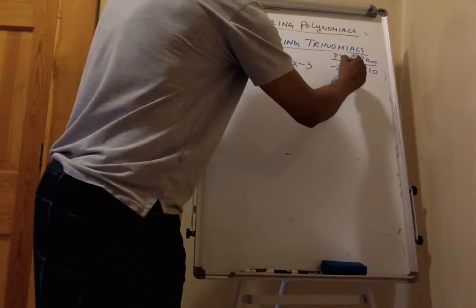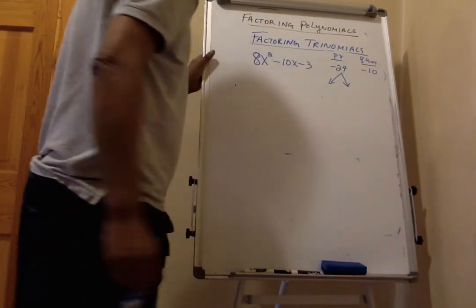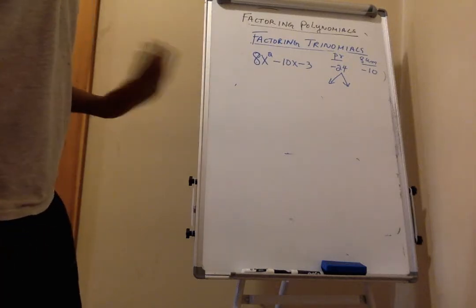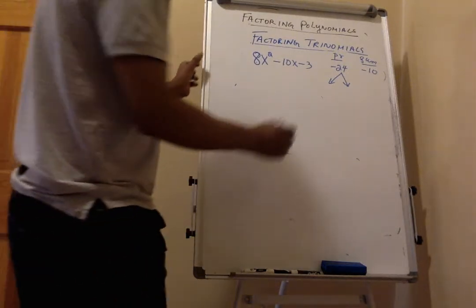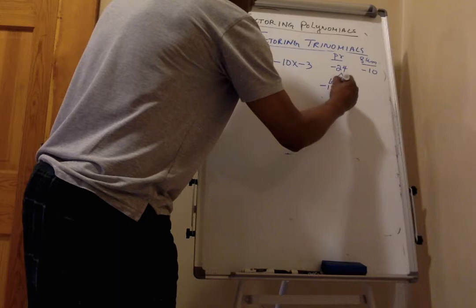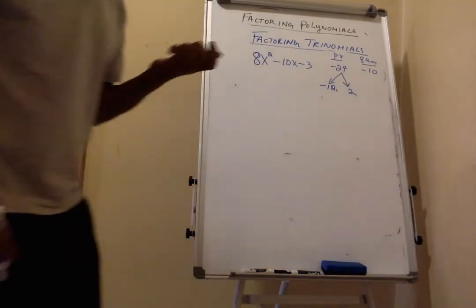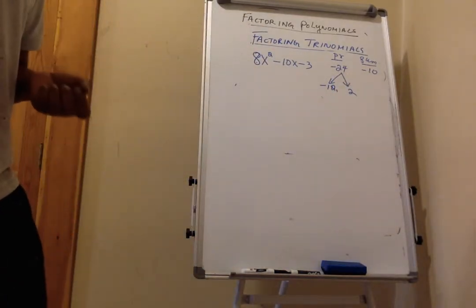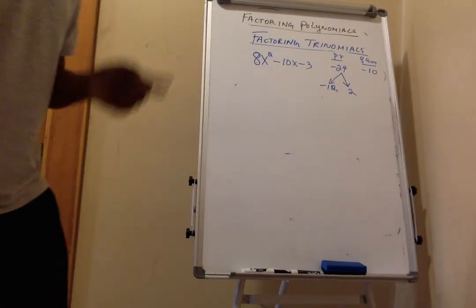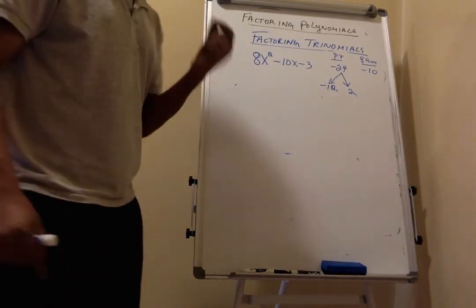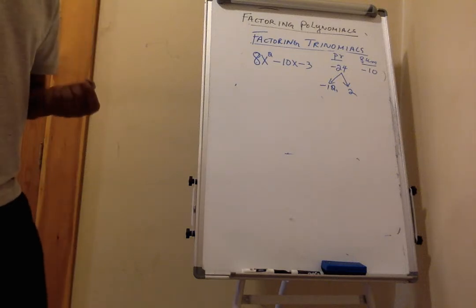So if you browse all the possible factors of negative 24, you're going to end up with negative 12 and 2, because negative 12 times 2 is negative 24, and negative 12 plus 2 is negative 10. At this juncture, I would advise you to use factoring by grouping.